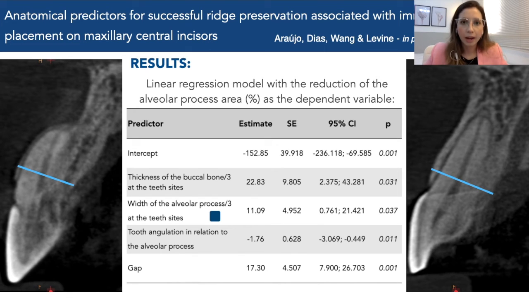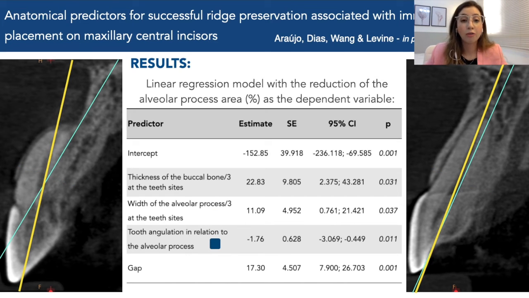That means better ridge preservation. The tooth angulation in relation to the alveolar process seemed to impair the results. As you can see, the blue line represents the alveolar process angulation, while the yellow one represents the tooth angulation. And sites in which the tooth seemed outside the alveolar process were at risk to present worse outcomes, as you can see to your left.